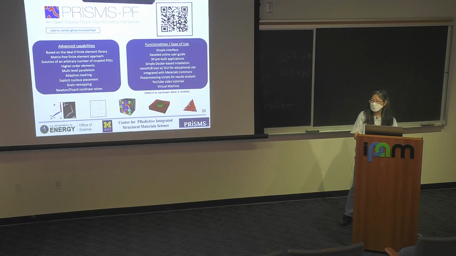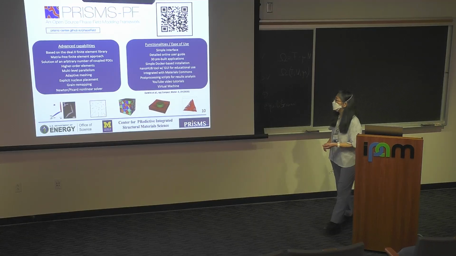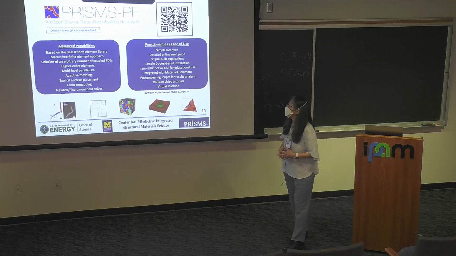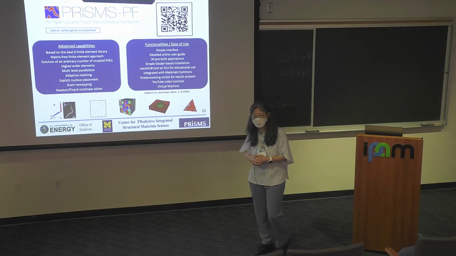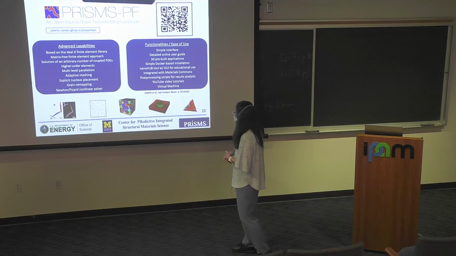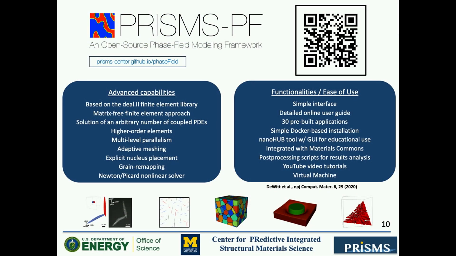Okay, good. So, we are at the University of Michigan. One of the projects I've been involved in for a long, long time is PRISMS, the Center for Predictive Integrated Structural Materials Science. And our focus is to study magnesium and its mechanical behavior.